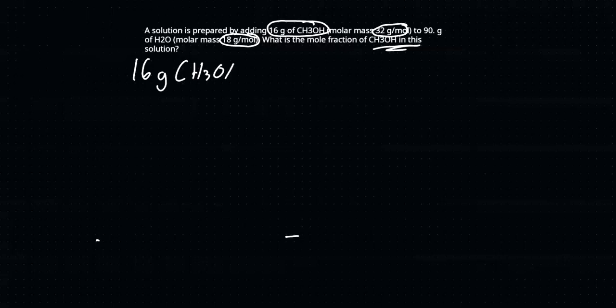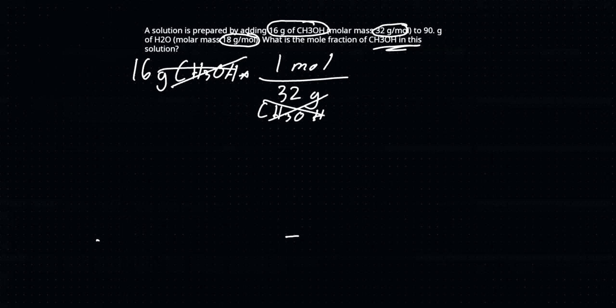Don't try to do other things when it's given here. So let's find the amount of moles in 16 grams of CH3OH. Here we're going to do a conversion factor. The molar mass they already give us is 32 grams of CH3OH for 1 mole. We eliminate grams to give us moles. This would give us 0.50 moles CH3OH.